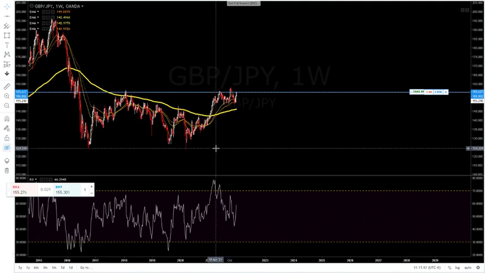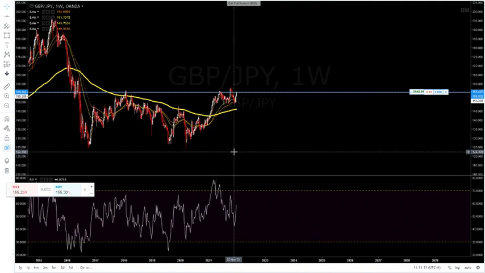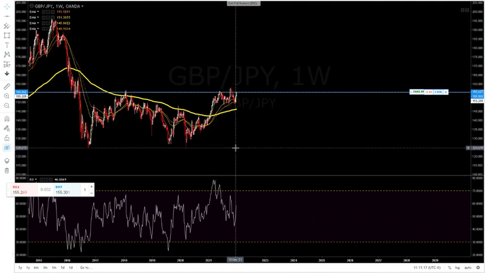Actually, I have this. I don't know if this is going to show well on this camera, but this is what I'm using right here. It's showing me regular divergence and hidden divergence, which is great that I have this. I found it on a program I purchased recently.